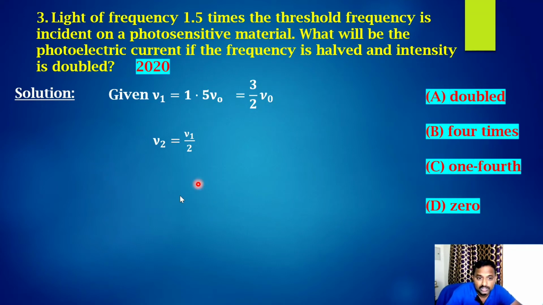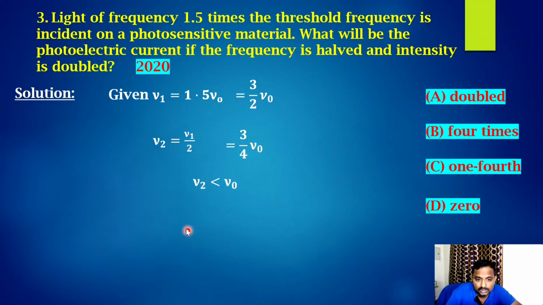That means nu2, the frequency, becomes halved. So we can write nu2 is equal to nu1 by 2. So in the place of nu1, if you substitute 3 by 2 nu naught, divided by 2, we will get 3 by 4 nu naught.